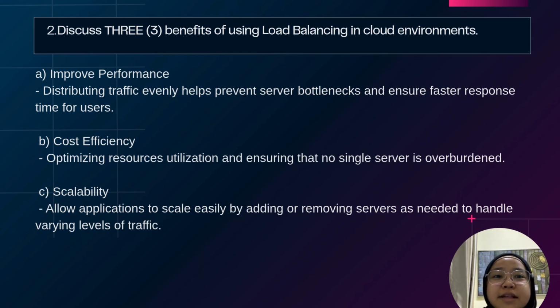And the last one is scalability. Scalability allows applications to scale easily by adding or removing servers as needed to handle varying levels of traffic.